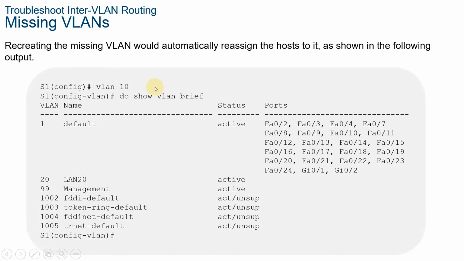Next, recreating the missing VLAN would automatically reassign the host to it, as shown in the following output here. So for instance, we are going to create VLAN 10. Again, take a look, we don't have VLAN 10 and Fa0/6 is still associated with a deleted VLAN. Now recreating it, VLAN 10, and afterwards do show VLAN brief.